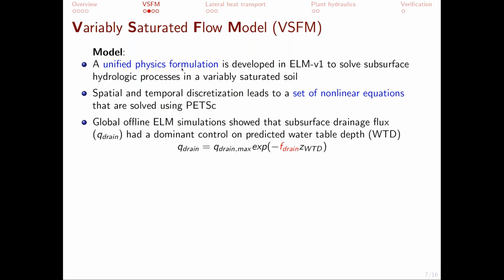The parameterization for the drainage flux is shown here. It's an exponential function in which if the water table depth is shallower, the drainage flux is small. Oh, sorry, it's large. But as the water table goes much deeper, the drainage flux sort of shuts off.